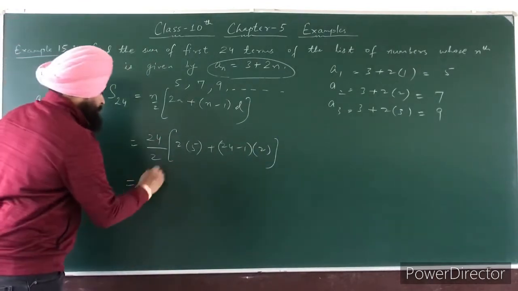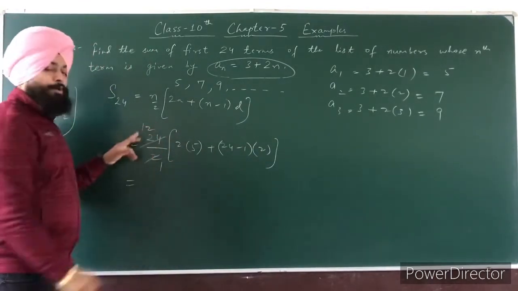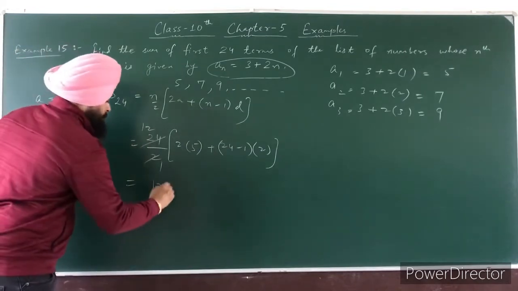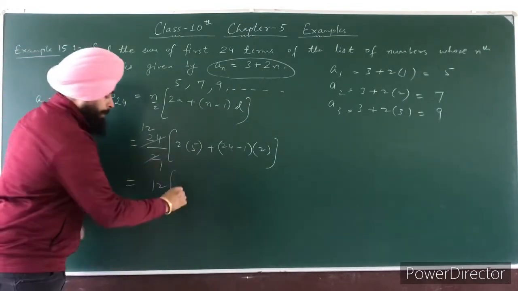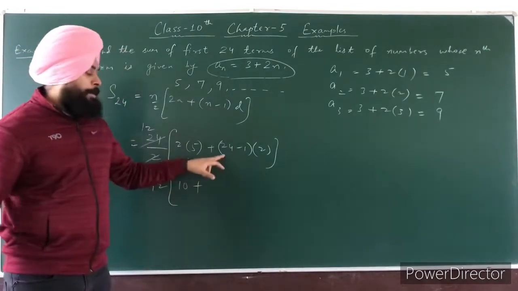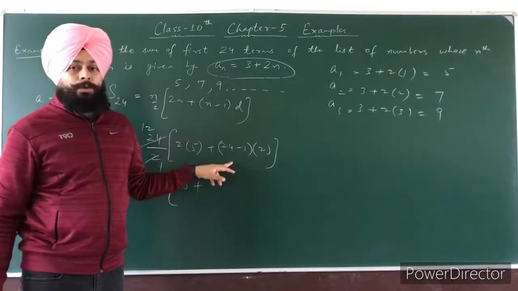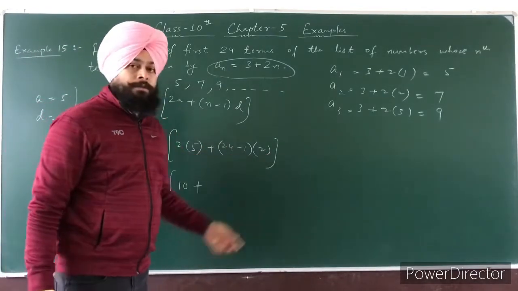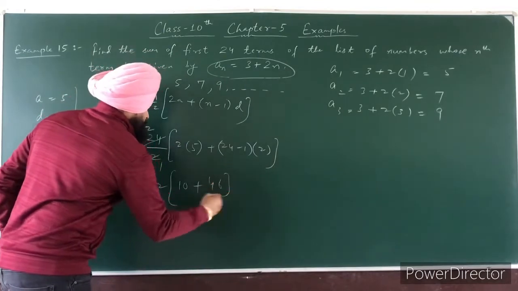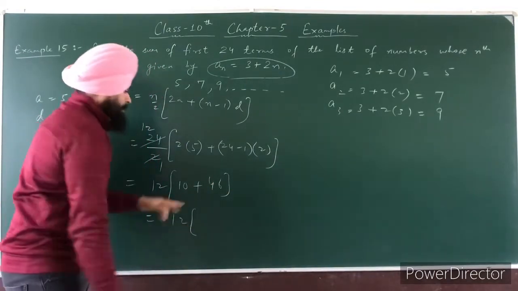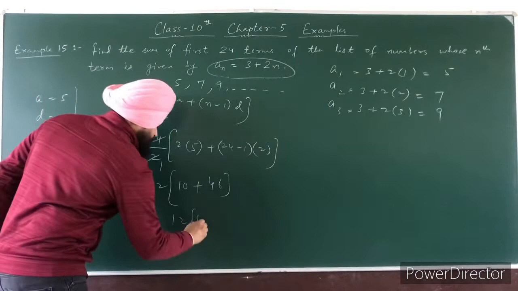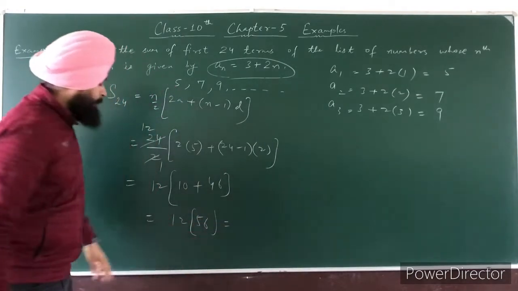So now solve this. 2 ones are 2 and 2 12s are 24. Now 2 5s are 10 plus 24 minus 1, it is equal to 23, and 23 2s are 46. 46 plus 10 is 56. Now multiply 56 and 12.